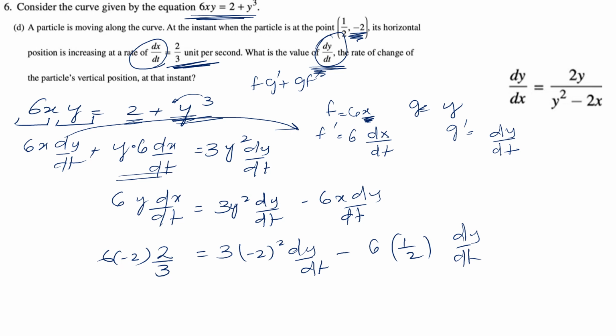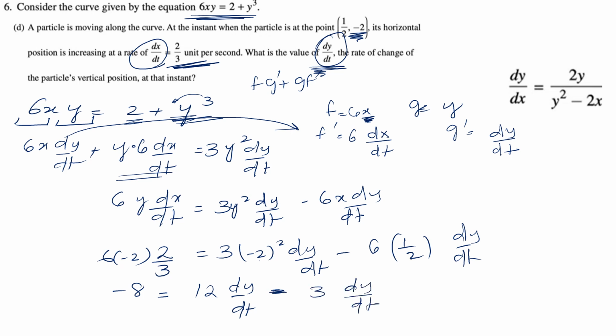So you will get here negative 2, 4 times 2, 8. So here you will get negative 8, because 2 times 2 is 4, 4 times 3 is 12 dy by dt, minus 6 times half, which is 3 dy by dt.